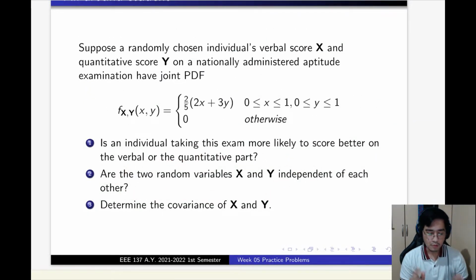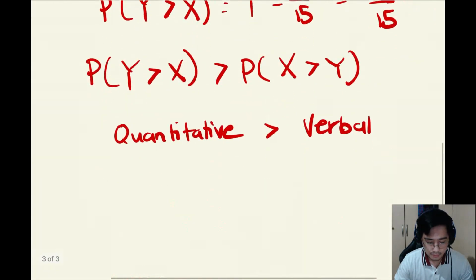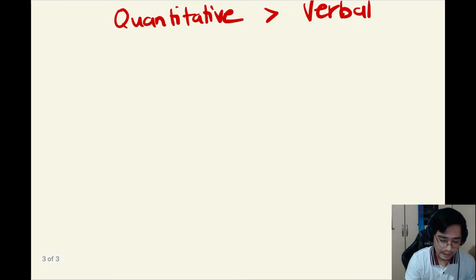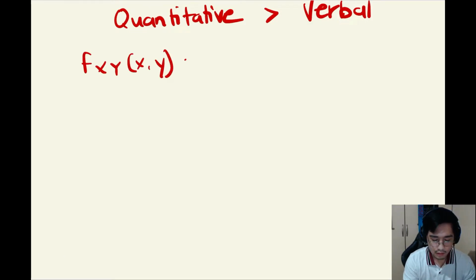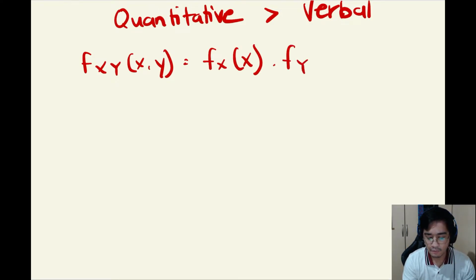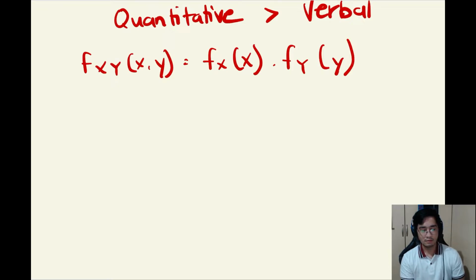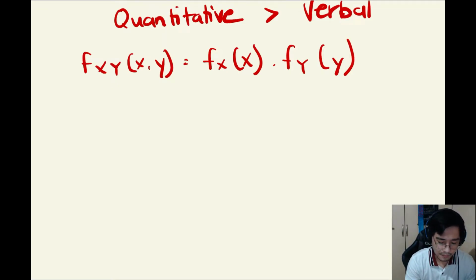Are the two random variables independent of each other? We can solve that by determining if the joint PDF is equal to the product of the marginals. That's how we prove independence. To do this, we first obtain the marginals.